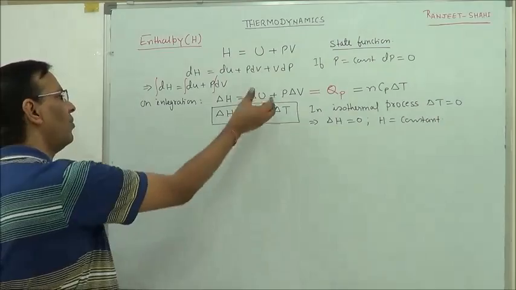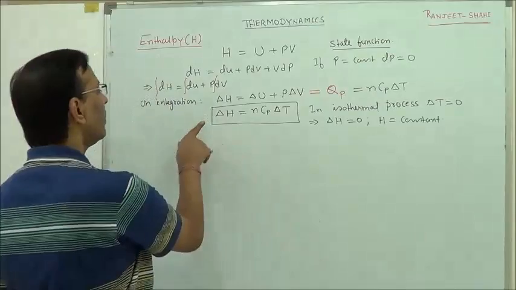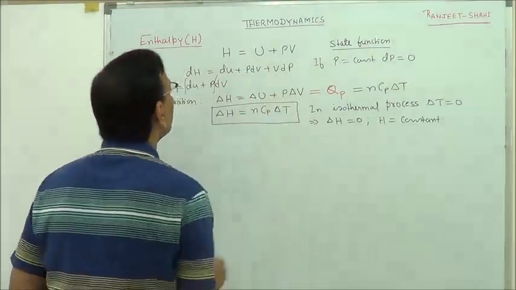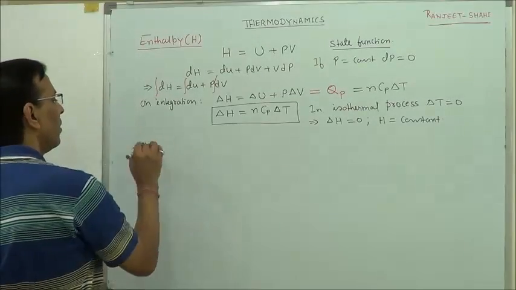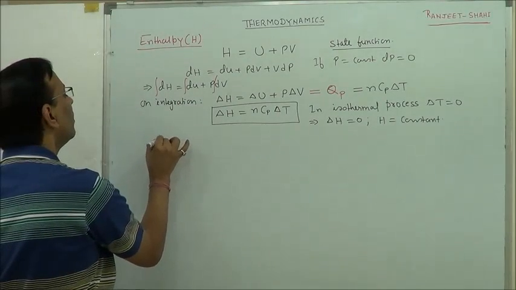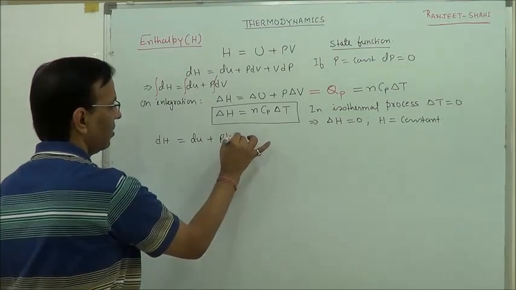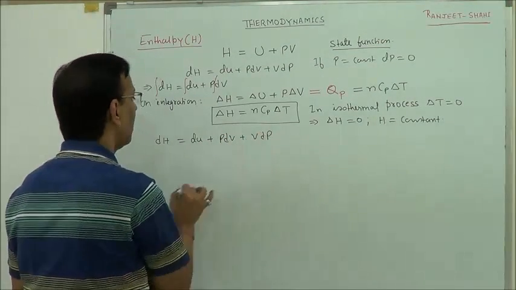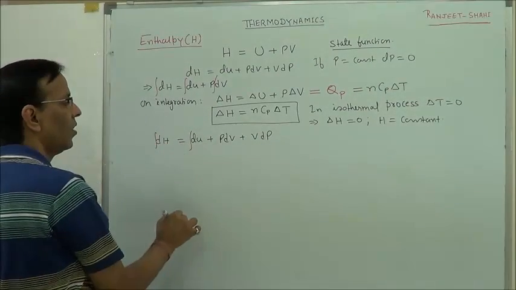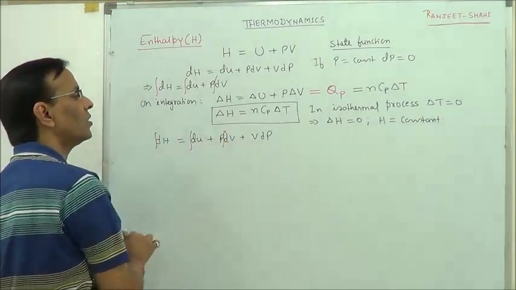It can be known if the change in temperature is known, or it can also be known by integrating this expression term wise. dH is dU plus P dV plus V dP. While integrating the first term, we'll assume pressure is constant.